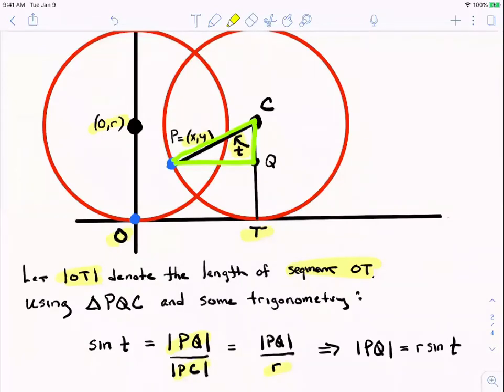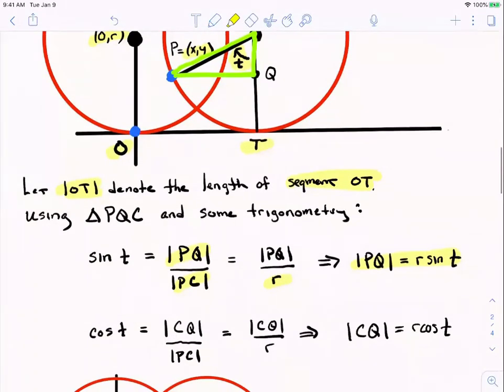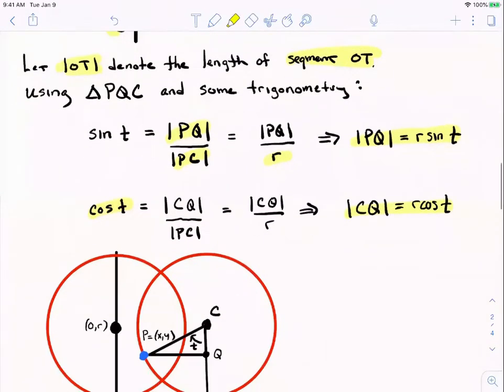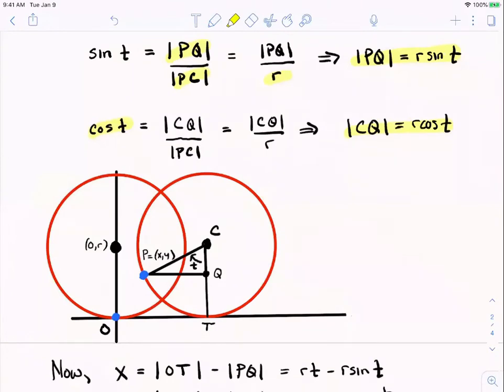I want to solve that for PQ, and I'll show you why when I slide down. So PQ is r times the sine of t. And likewise, I'll skip the details here, you can look at the equations: CQ, the other leg of the triangle, is r times the cosine of t. If the sine and cosine look backwards because of where they are, look at the angle that I'm measuring. It's always relative to that angle.